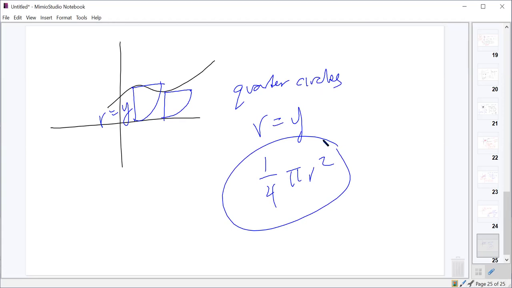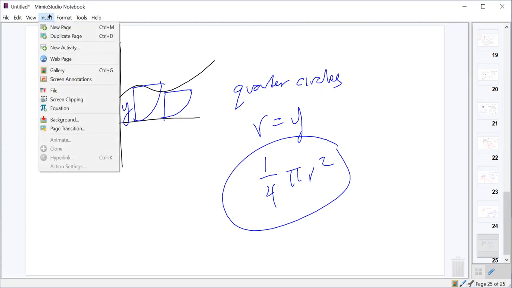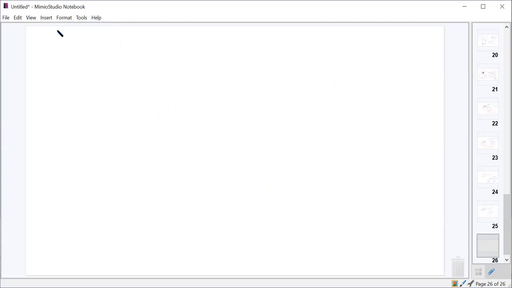Also in the free response, sometimes they might just give you the area of the cross section. So they may just say, let's use the function y equals e to the x from x equals 0 to x equals 1.